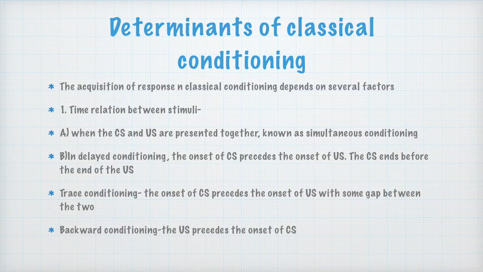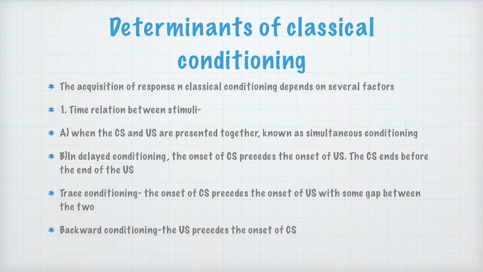Now let us take one example. Suppose you are sitting at a restaurant and you ordered a pizza. The aroma of the pizza will be your conditioned stimulus, and the pizza itself, that is the food, will be your unconditioned stimulus.